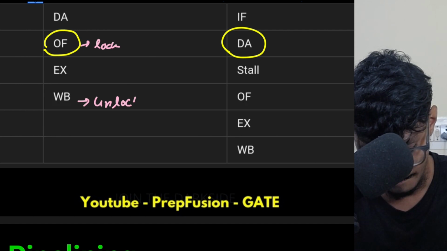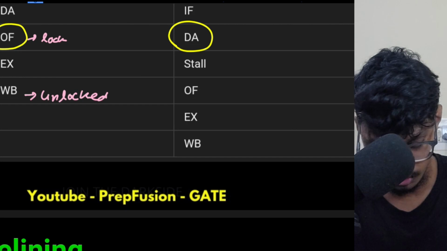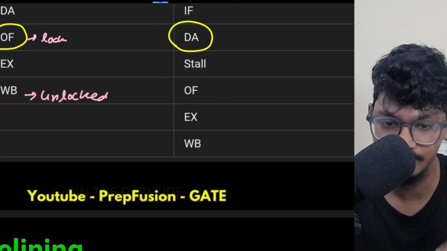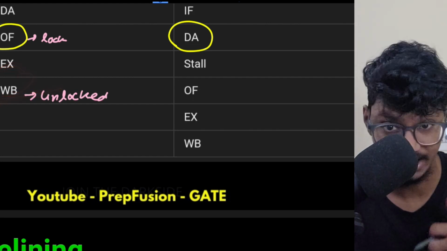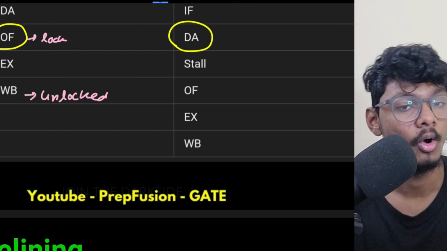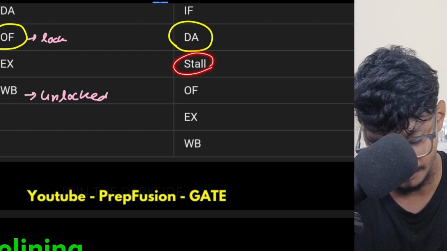Okay. So actually this also should have been a stall only, because it depends. Sometimes in the question they tell you that at write back the register is written, and sometimes at execution the register is written. It depends how the question is framed, so you will solve according to the question. You don't know whether you have to provide one stall cycle.